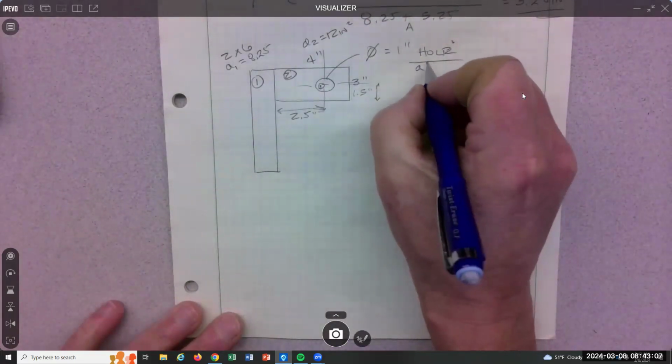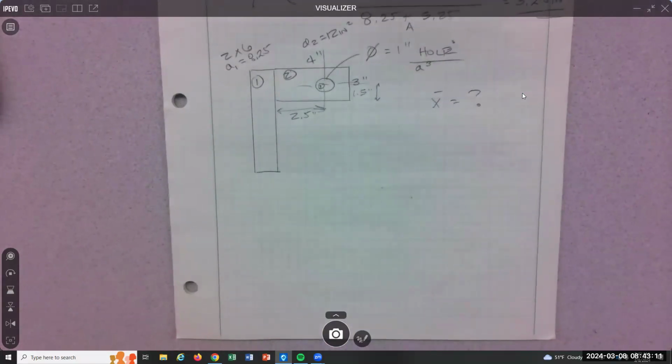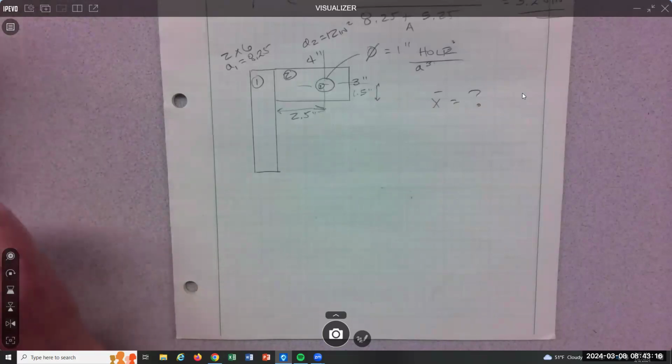And A3 is pi r squared. Pi times 0.5 squared. Yep. 0.7854.